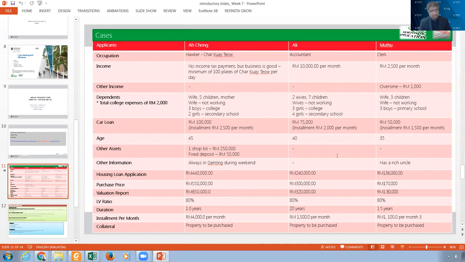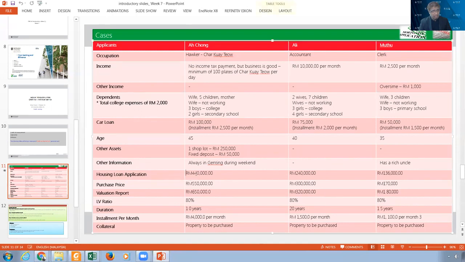And you will find how much they are asking for, for example, in the housing loan application. This guy is asking for 140,000, this 240,000, this 156,000, but this one's income is only 2,500. This income is around 10,000. Then this one has a private business, and they make good money. Whatever the situation, you can calculate approximately how much each one makes a month from their pay slips.